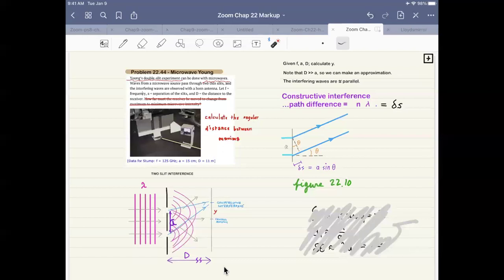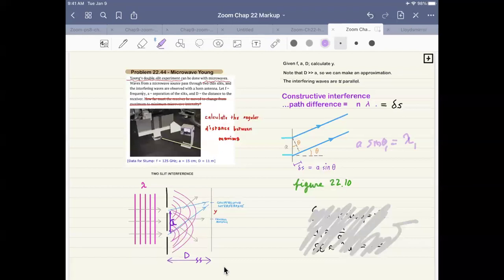Now, what are you supposed to calculate here? I guess it's this: calculate the angular distance between maxima. So we have the equation A sine theta equals lambda.